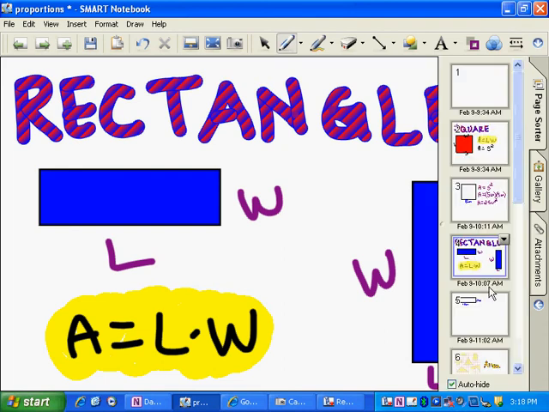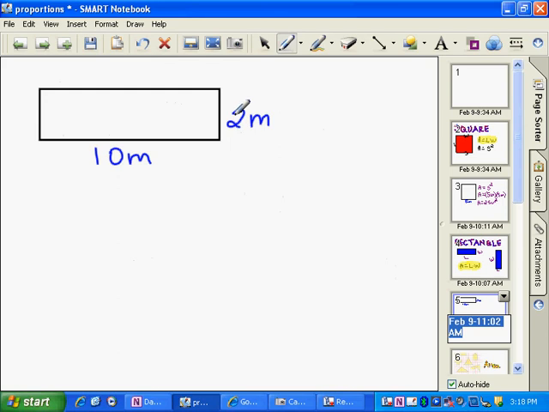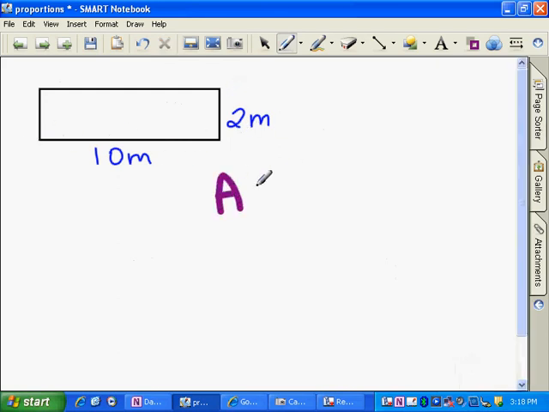With this example here, we've got 10 meters here and 2 meters here. The formula for area is length times width. I'm just going to designate this side the length and this side the width, so that I know that I'm not using the same side as both the length and the width, or vice versa.